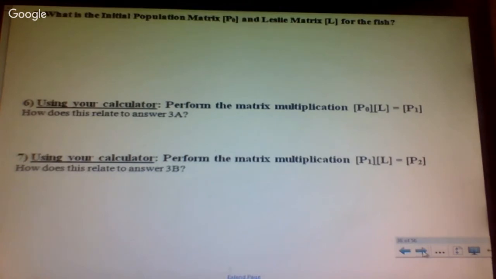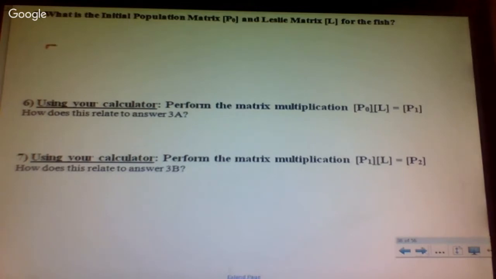So here we go. What is the initial population and Leslie matrix for the fish? They're using the fish problem on the page right before this, so they're getting their initial populations from that chart.